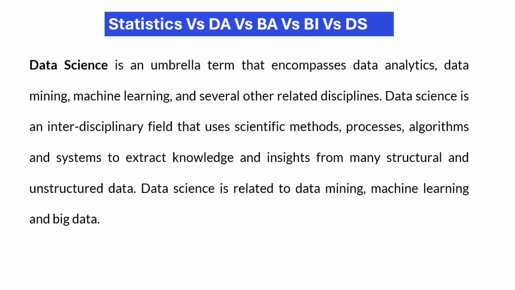So data science is an umbrella term that encompasses data analytics, data mining, machine learning, and several other related disciplines. Data science is an interdisciplinary field that uses scientific methods, processes, algorithms, and systems to extract knowledge and insights from many structured and unstructured data. Data science is related to data mining, machine learning, and big data. So it's a big umbrella under which all these domains work.